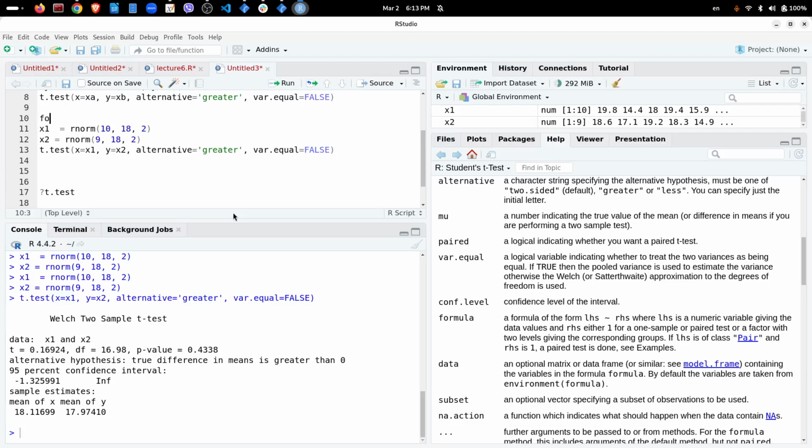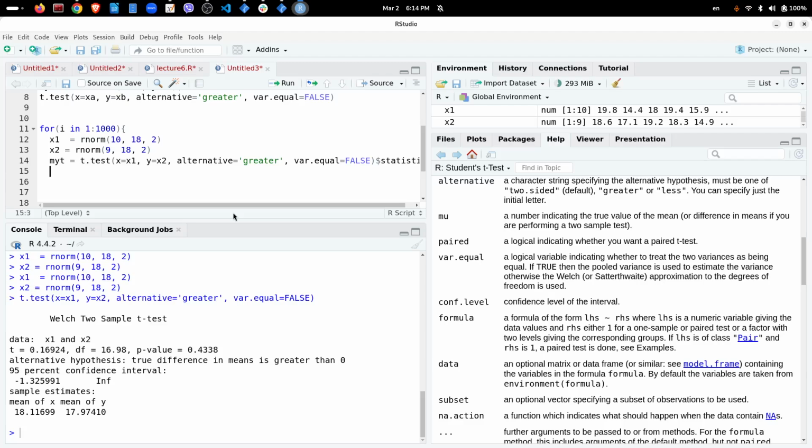So let's say that I want to repeat it 1000 times, for i in, I need a parenthesis here. So I'm going to repeat this thing and then get a statistic here and then save the statistic. So this is my t, for example, and then append it in another vector.